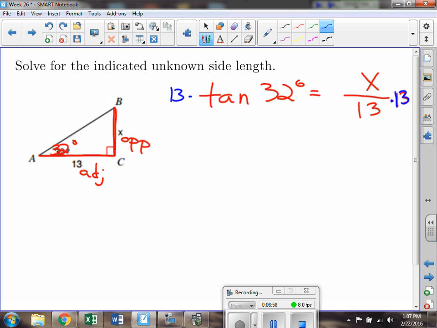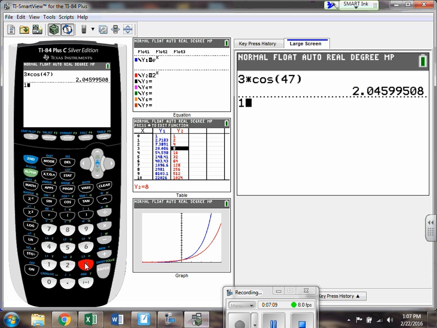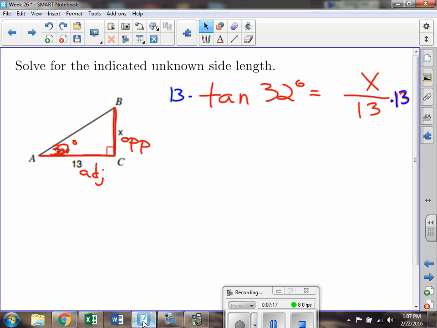Multiplying by 13. Let's go to the calculator. 13 multiplied by the tangent of 32, .12, so rounding it, 8.1. And there we go. X equals 8.1.